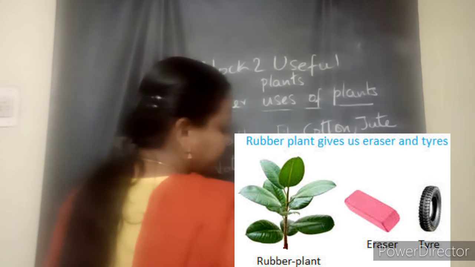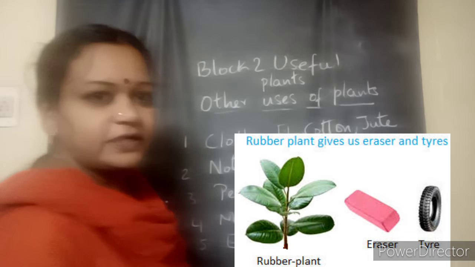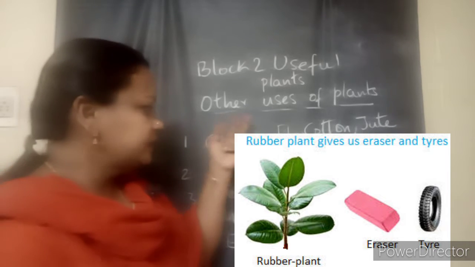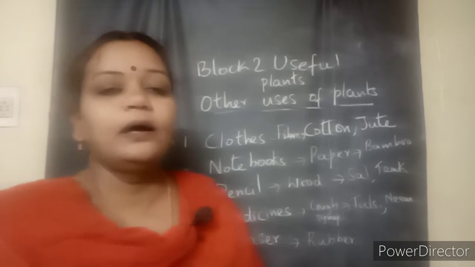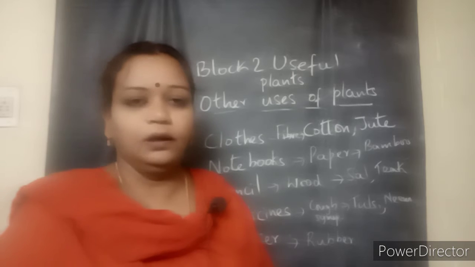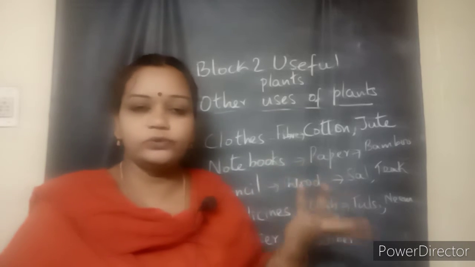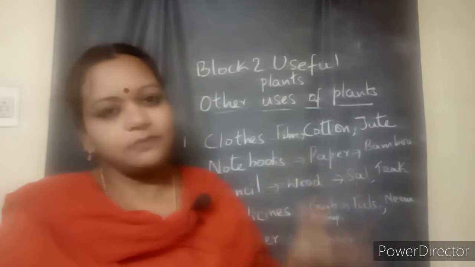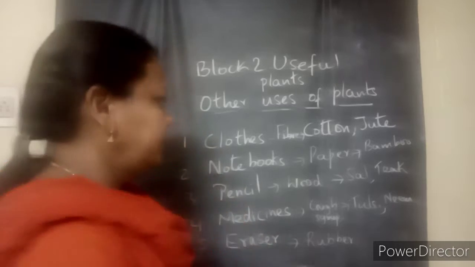The eraser is made up of rubber, which we get from the rubber tree. Like this, apart from food, we get many things from plants. You can write any five and find out whether you are using a plant product or some other product. That is going to be our learning today, children.